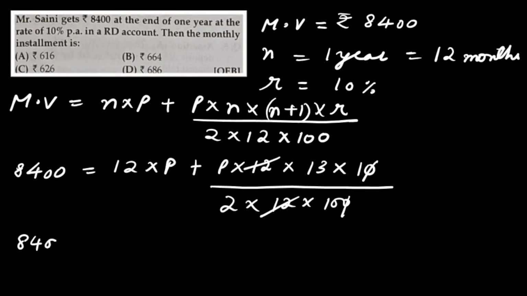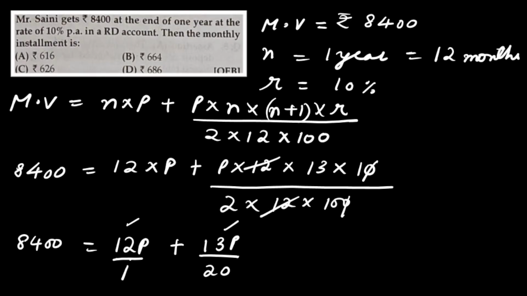So 8,400 is equal to 12 into P. We can write 12P plus, here, what we'll get after doing multiplication: P into 13 is 13P by 2 into 10 is 20. Here P and P are like terms. How to simplify?